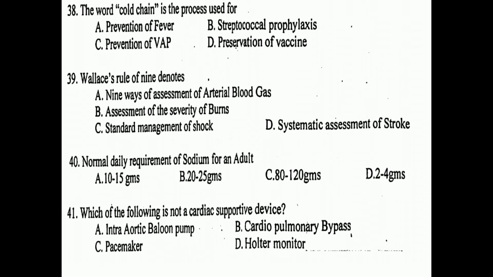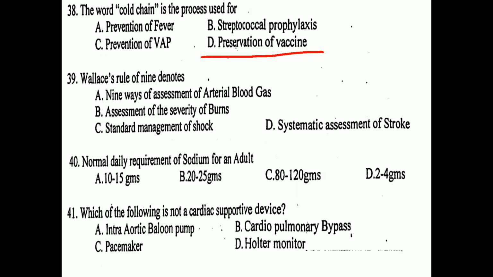Question number 38. The word cold chain is the process used for option A, prevention of fever, B, streptococcal prophylaxis, C, prevention of VAP, D, preservation of vaccine. The correct answer is option D, that is preservation of vaccine.